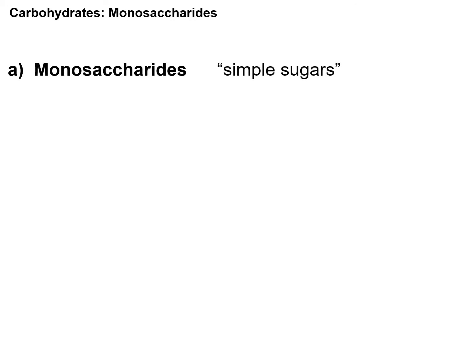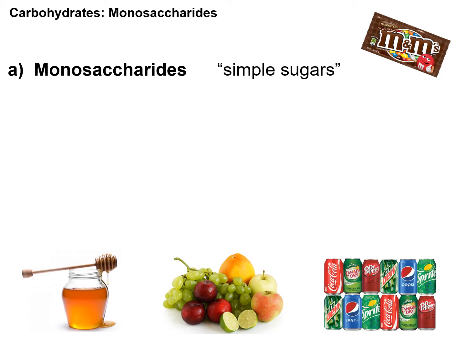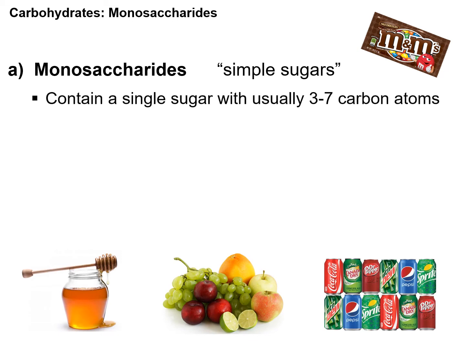The simplest carbohydrates are the monosaccharides, or simple sugars. A few examples of foods that include simple sugars include candy, honey, fruits, as well as sodas. Monosaccharides are so named because they are composed of a single sugar that usually only contains about 3 to 7 carbon atoms.